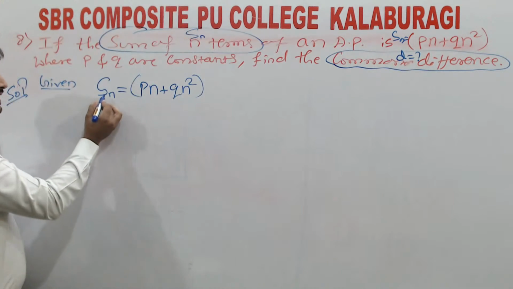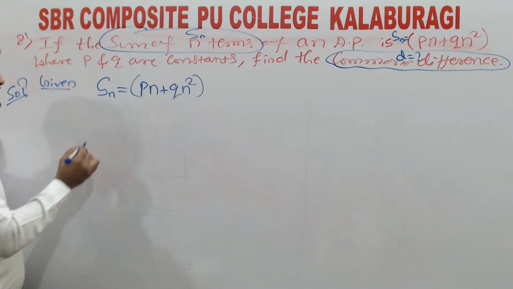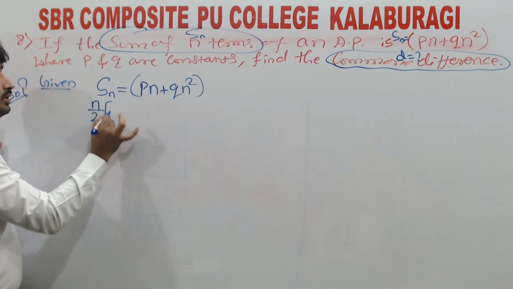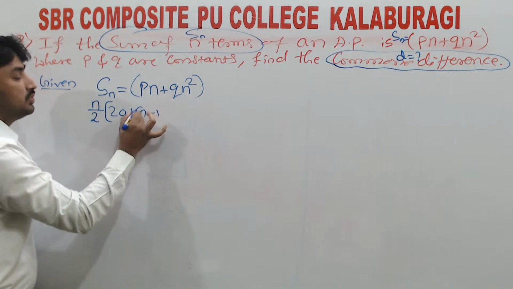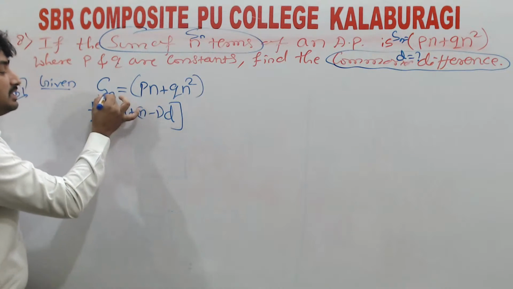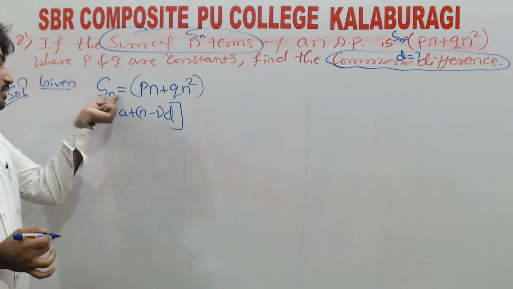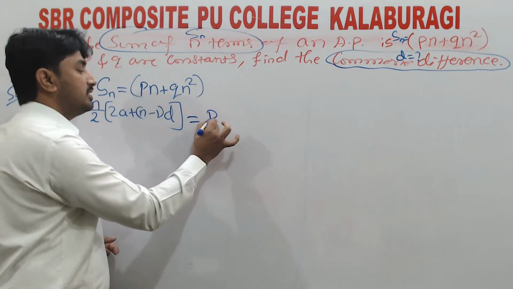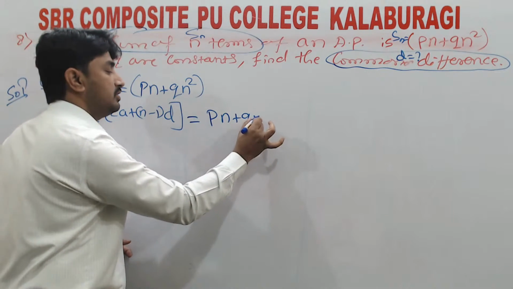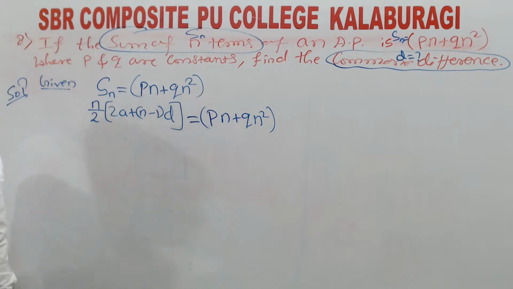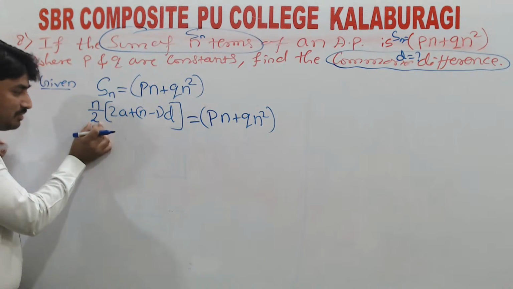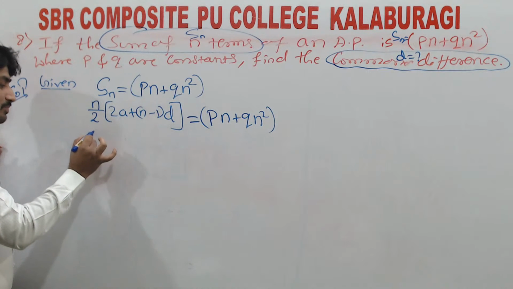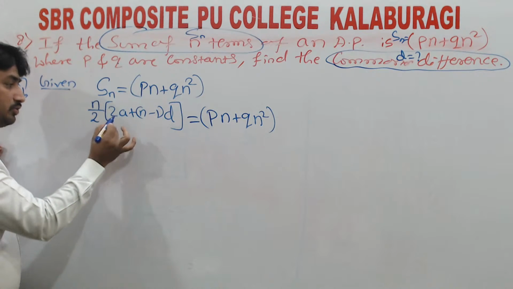Already we know the general formula is Sn equal to n by 2 into 2a plus n minus 1 into D. I am replacing Sn by its formula, and the remaining term I will write as it is, Pn plus Qn square. Now multiply n by 2 to the first term as well as the second term.